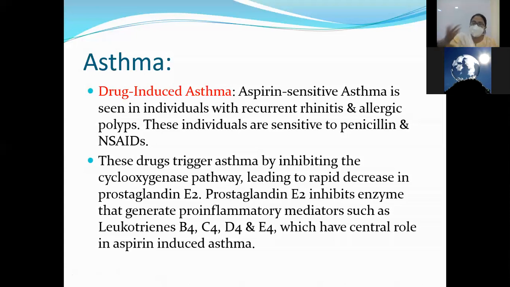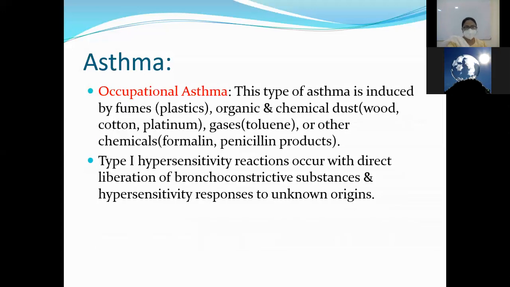Okay, whenever there is a decreased level of prostaglandin E2, there is no inhibition of enzymes, and so there is an increased level of leukotrienes, and these leukotrienes then cause the inflammatory response in asthmatic patients. Clear?